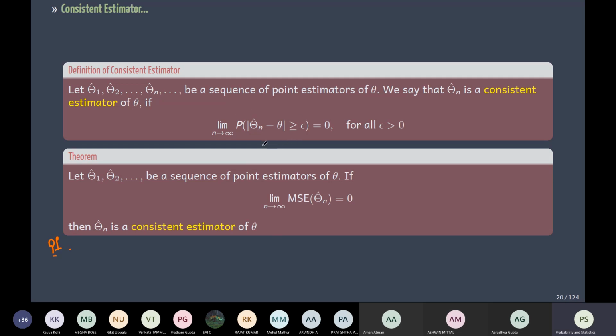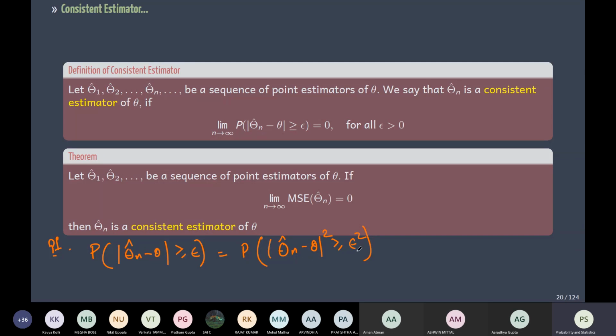So let us assume this, and then we try to prove this. We can write the probability that |theta hat n minus theta| is greater than or equal to epsilon is the probability that (theta hat n minus theta) squared is greater than or equal to epsilon squared.